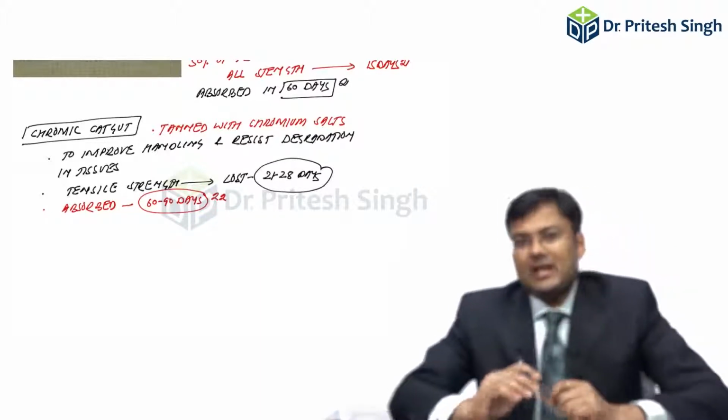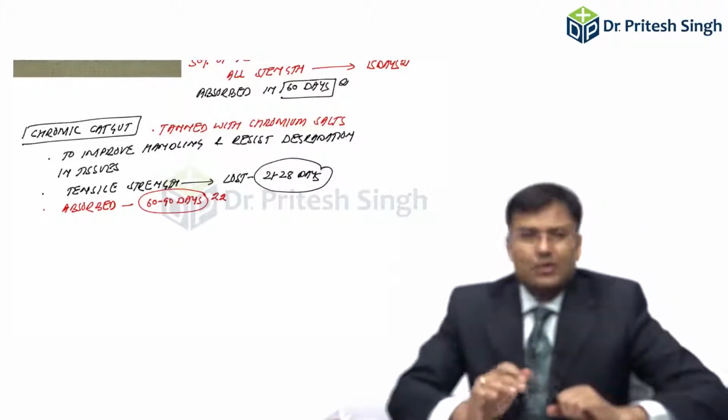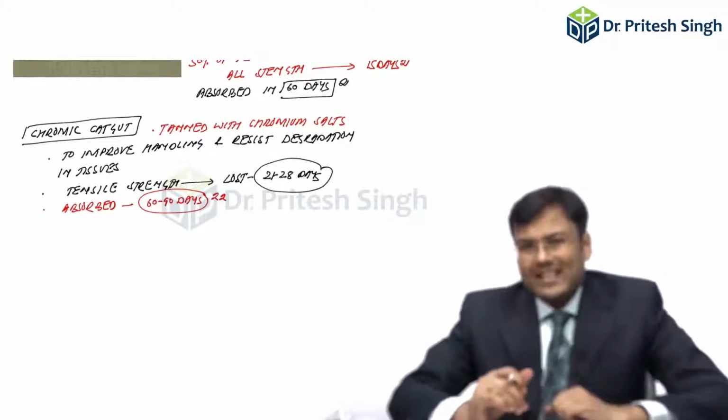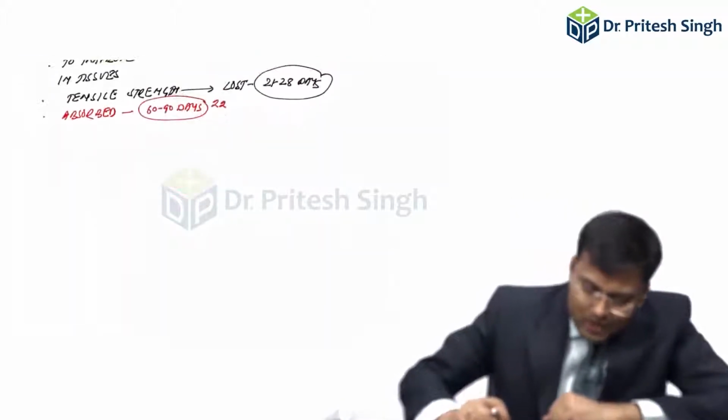These are the questions. After that, a frequently asked suture in exams is Vicryl. So third is Vicryl. Now you can see this suture. This is polyfilament. What is the color of this suture? It is violet. So this is Vicryl.